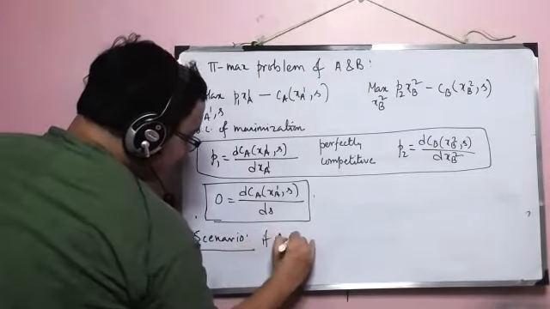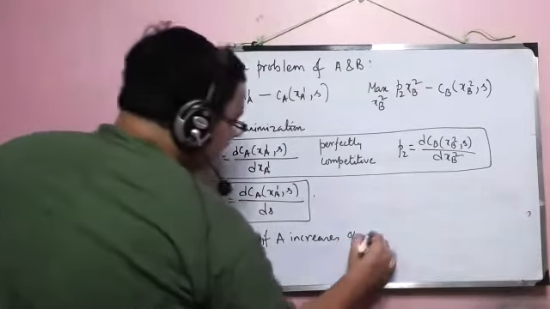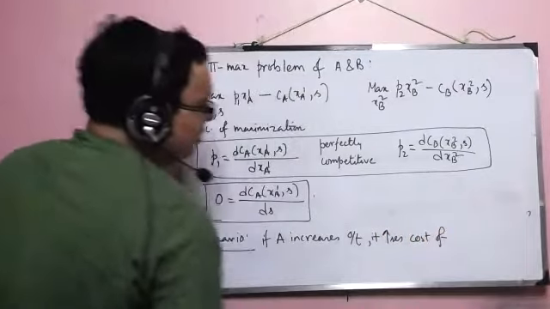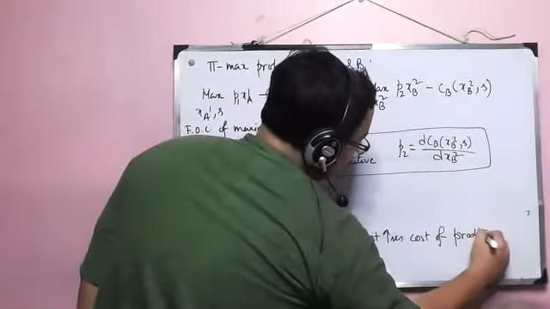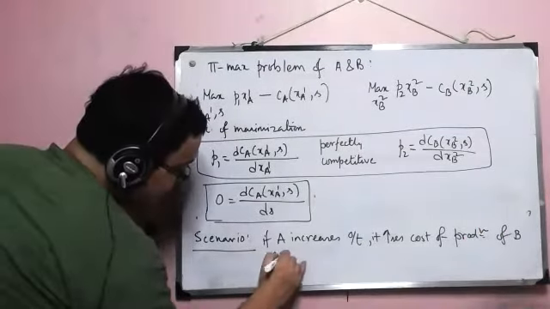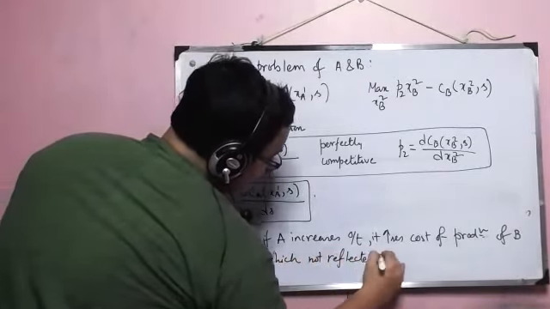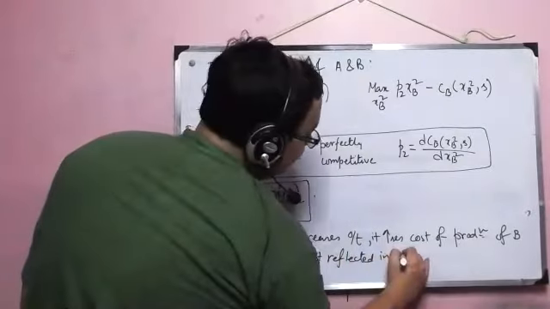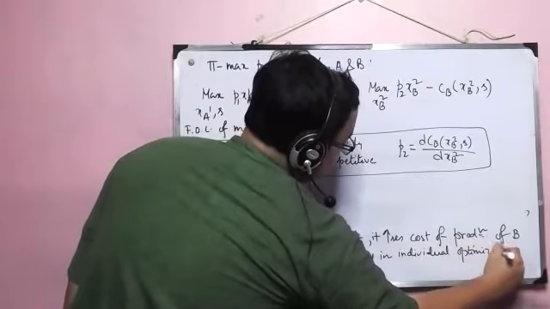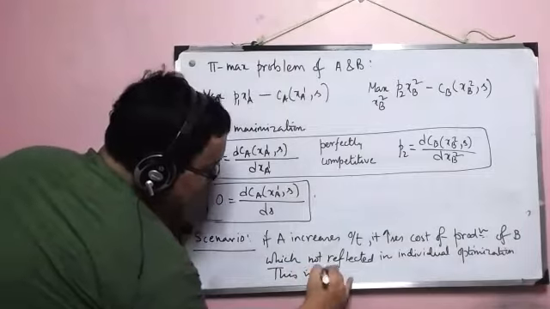If A increases output, it increases the cost of production of B, which is not reflected in individual optimization, right? This is externality.